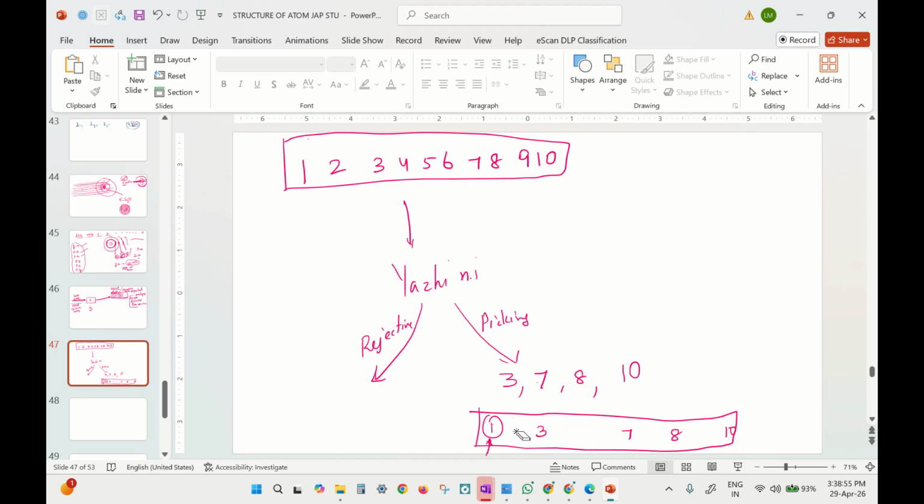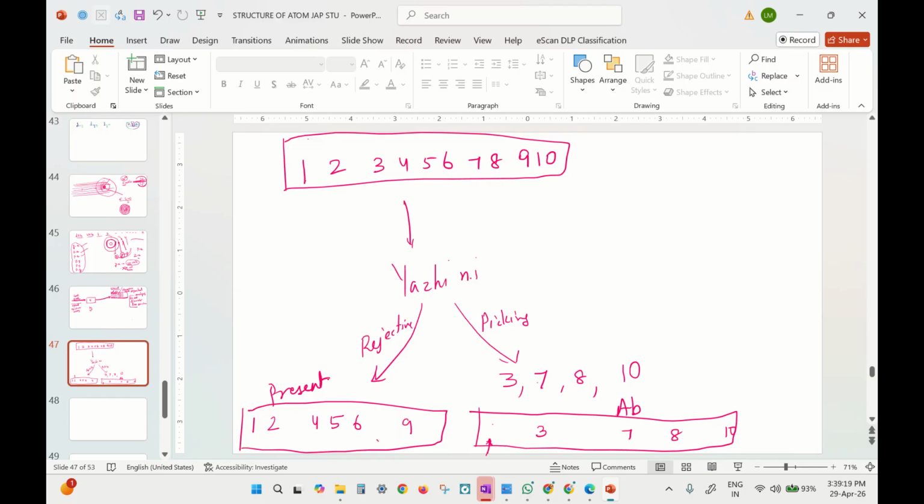Where will they be present? Here, 1, 2, 4, 5, 6 will be present, and 7 and 8 will not be there. Here it will be absent, then 9 will be there, correct? What is absent here will be present here.